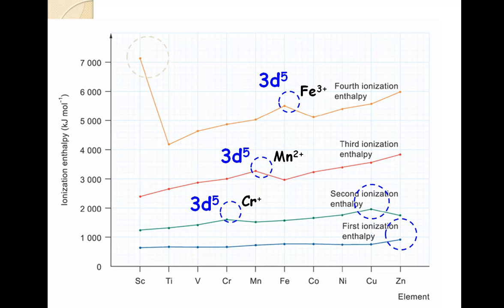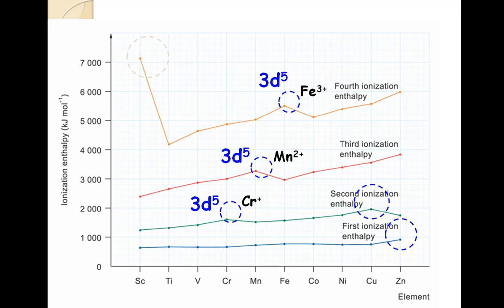Similarly, for the third ionization enthalpy, the electronic configuration of Mn+, that is after removal of 2 electrons, will be 3d5. Now the third electron is to be removed from the 3d5 half-filled subshell.